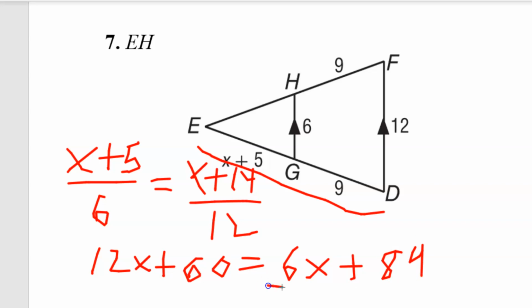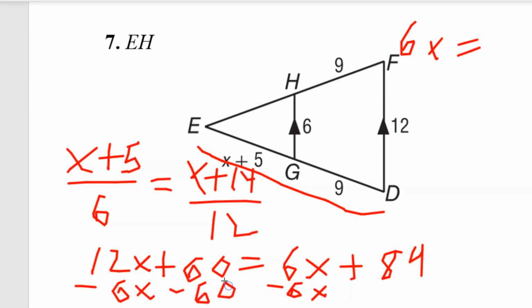We can subtract 6x from both sides. You know how to go there. So then I'd have 6x equals, if I subtract 6x from both sides, then I'm going to want to subtract 60 from both sides. 24. So I get x equals 4 for that one.